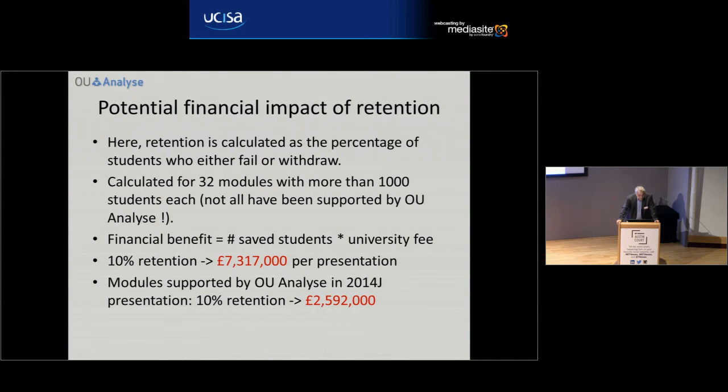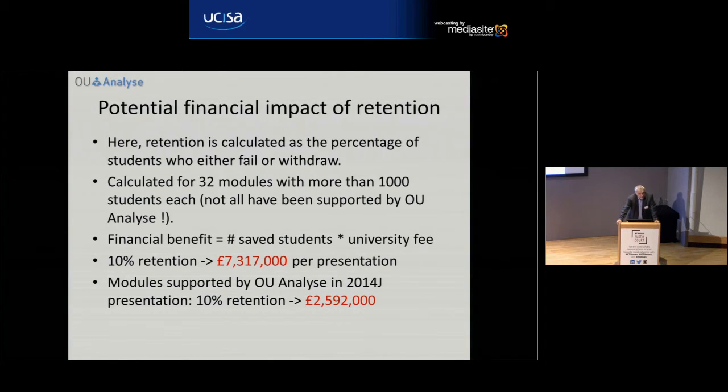This is interesting. We also calculated what is the potential financial impact from retention. And we took 32 modules, which have more than 1,000 students. We calculated the number of students who failed and decreased this number by 10% of the failure.